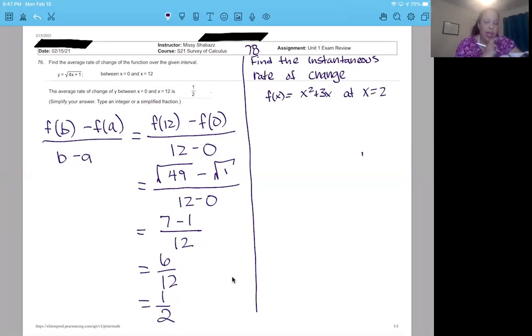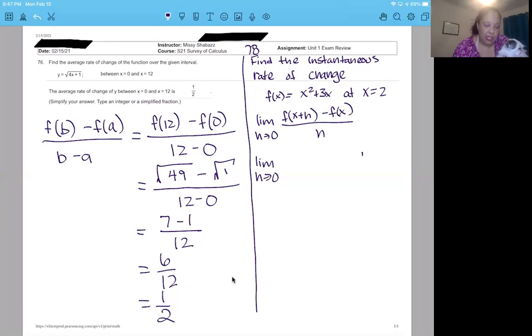All right, so what I'm going to do is you can find it by the limit as h goes to 0. You can go ahead and plug in 2 if you want to. I usually choose not to. So f of x plus h minus f of x over h. So I will plug in 2 at the end for x.